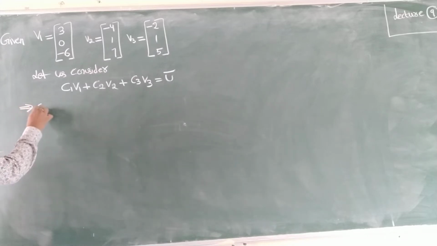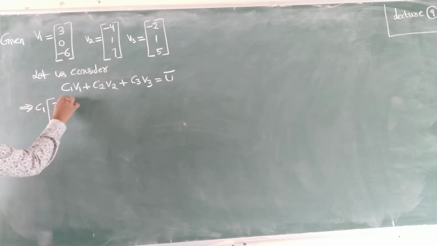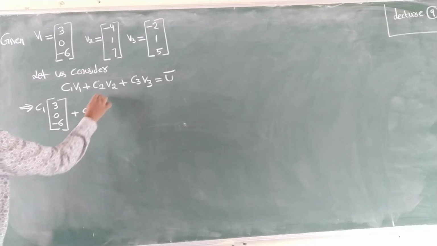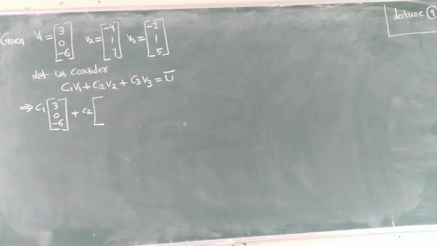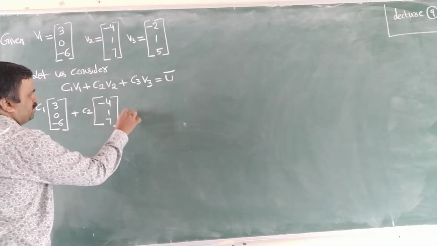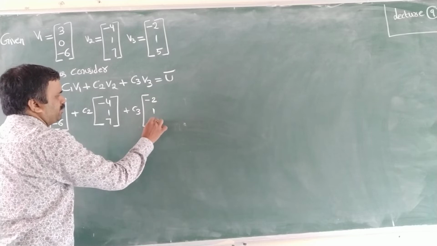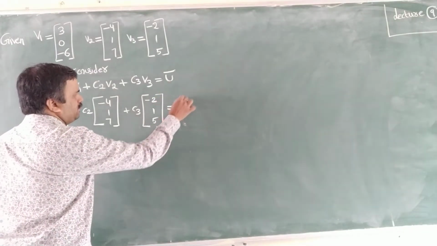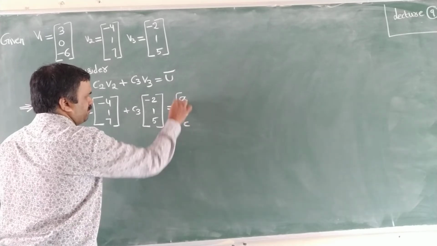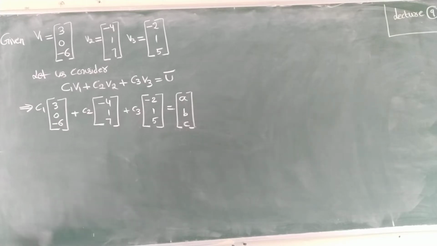This implies C1 times the first vector (3, 0, -6) plus C2 times the second vector (-4, 1, 7) plus C3 times (-2, 1, 5). Let us assume the vector U bar as (A, B, C).